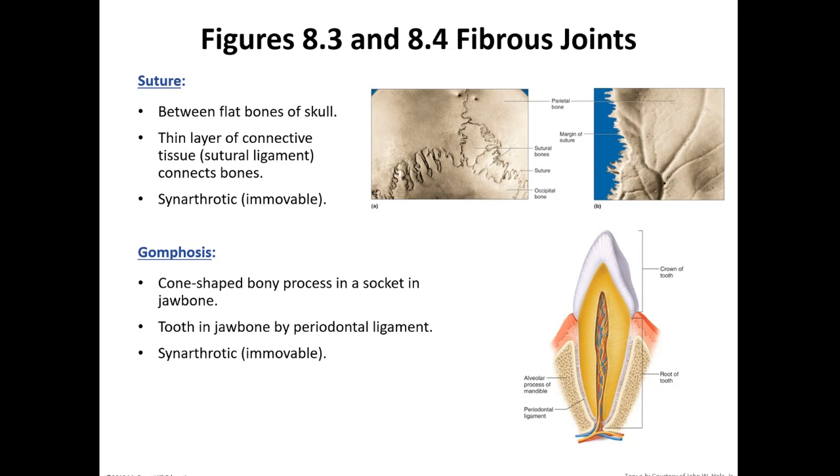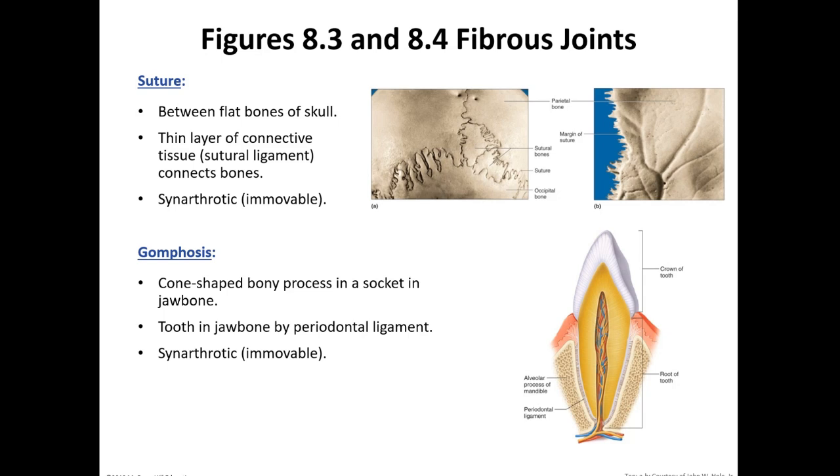And then we have another example of fibrous joint called gomphosis. See the diagram of a tooth, and you can see that the tooth is anchored to a jawbone, and the connective tissue, which is the periodontal ligament, holds the jawbone and the tooth together.